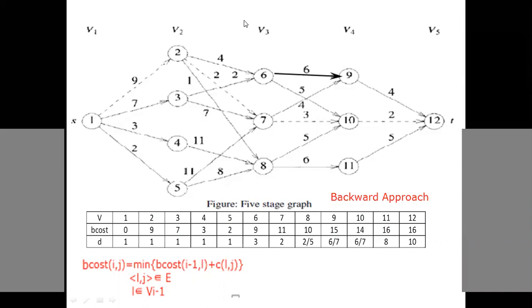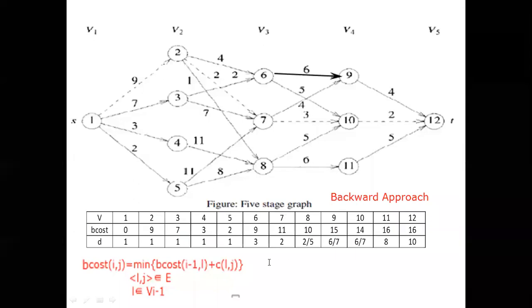For that, I will do it here. I will do for B cost of 4, 11. Only one edge is coming, that's why I took that one, so that it will be easy for me to explain, right? B cost of 4, 11.